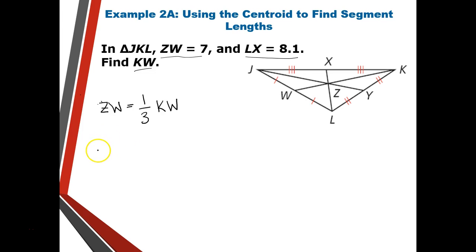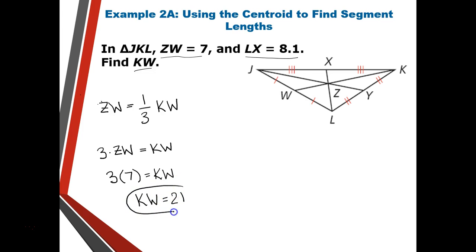Solve it like this: 3 times your smaller side length of your median is equal to the whole thing. I kind of like that one better. No fractions. Okay, so plug in what ZW is equal to. ZW is equal to 7. So KW is equal to 21. And there we go. That's what we were looking for.